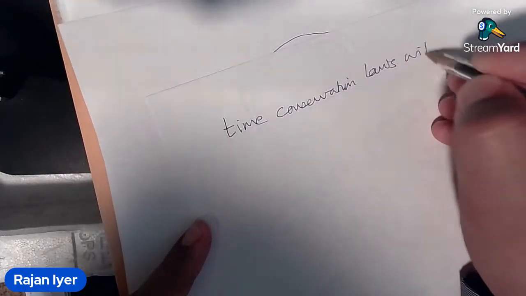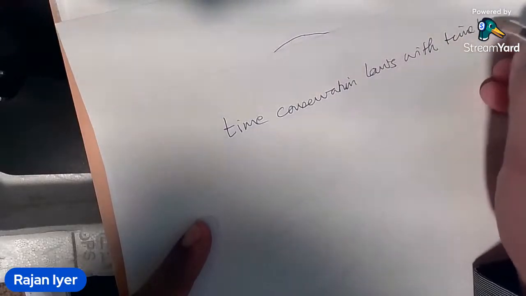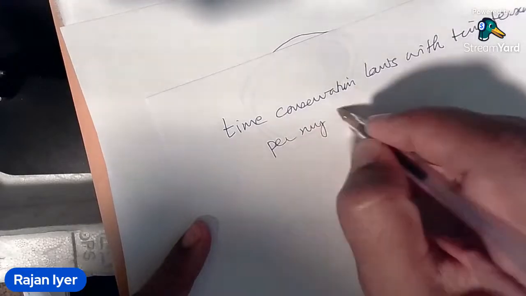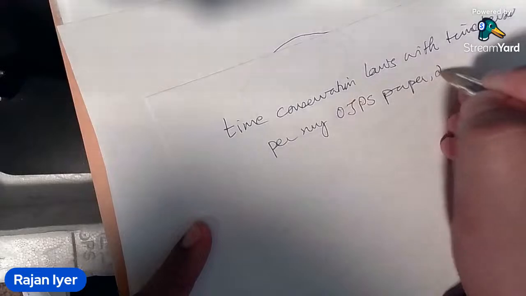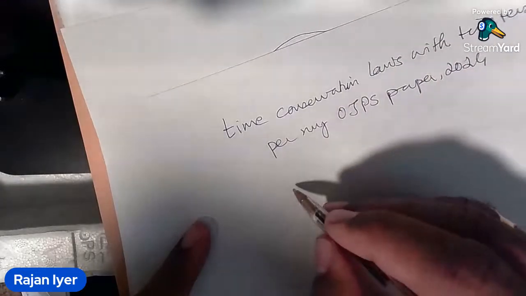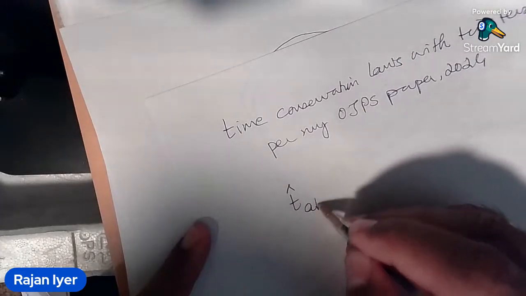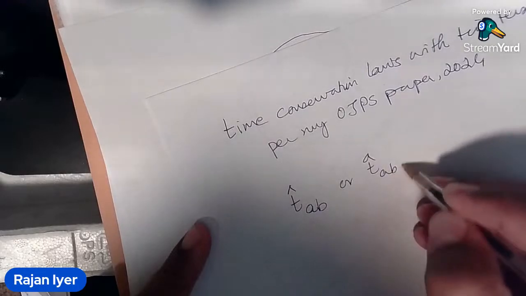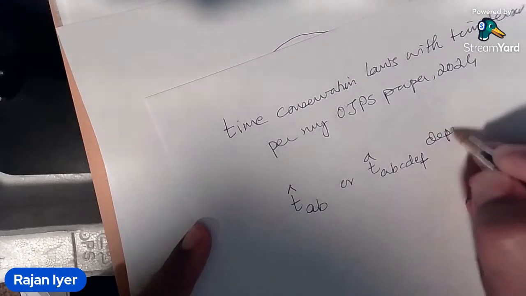with the time tensor for my OJPS paper 2024. It will show that we can conserve, suppose T of AB, or T of ABCDEF, depending on the rank of the tensor.